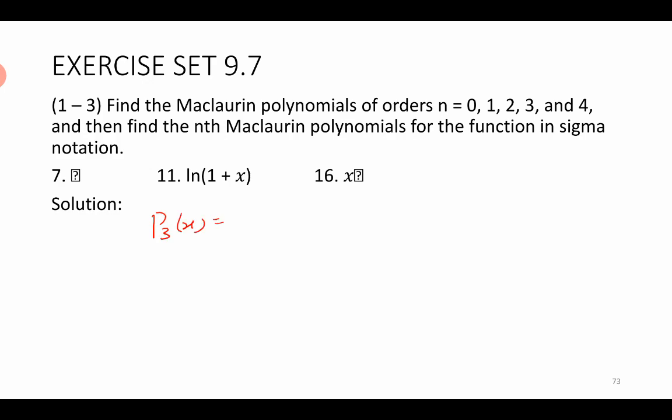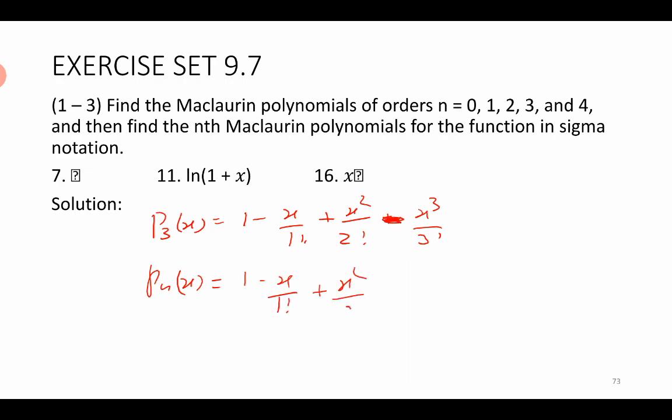What is p3 of x? 1 minus x over 1 factorial plus x square over 2 factorial, plus or minus, it is minus x cube over 3 factorial. For fourth order, 1 minus x over 1 factorial plus x square over 2 factorial minus x cube over 3 factorial plus x raised to 4 over 4 factorial.